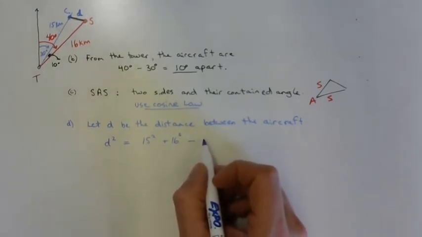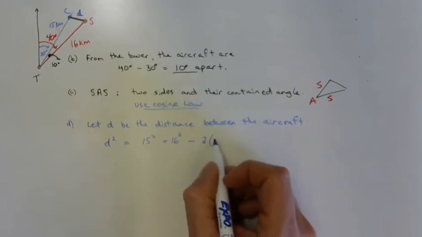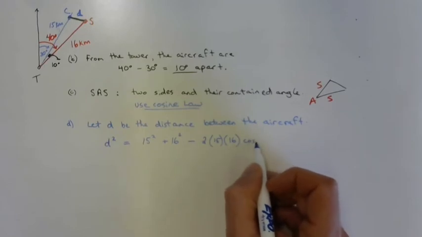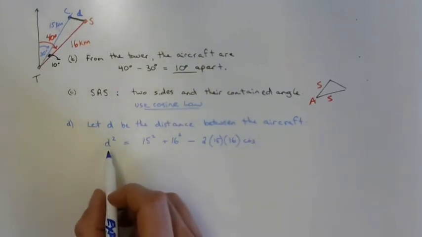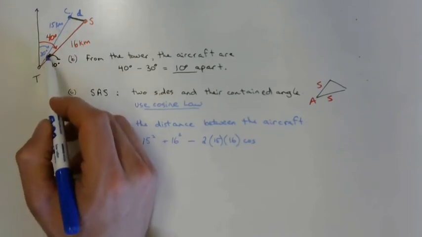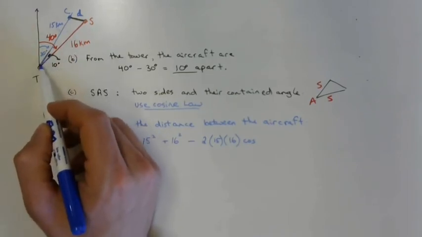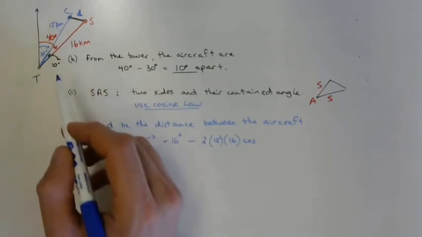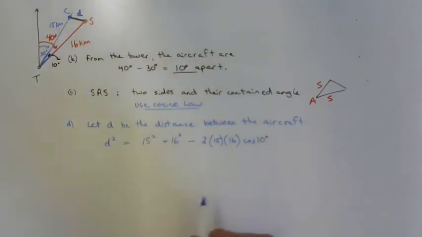And then I need to remember I'm doing 2 times 15 times 16 times the cosine of the opposite angle, which is 10. The angle at the tower between C and S is 10 degrees, so the cosine of 10 degrees.